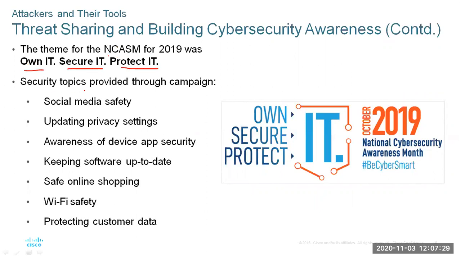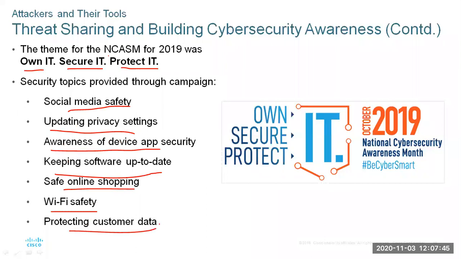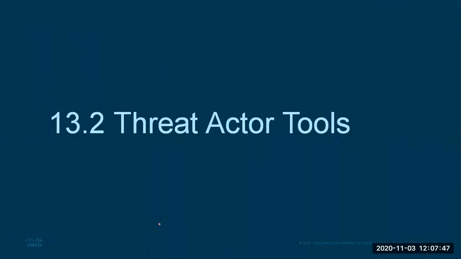Security topics provided through the campaign included social media safety, updating privacy settings, awareness of device and app security, keeping software up to date, safe online shopping, Wi-Fi security, and protecting customers.